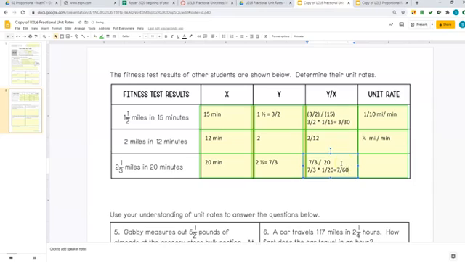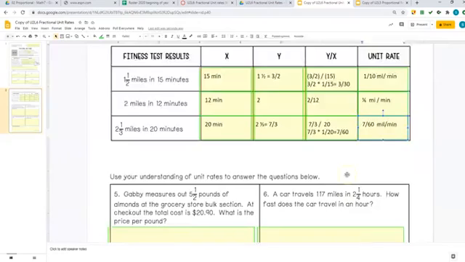It would help if I wrote in the right numbers. So we get 7/60 is our unit rate in miles per minute. Alright? So every single time we just set up our ratios just like we normally do, except for now we need to apply our rules for multiplying or dividing fractions.